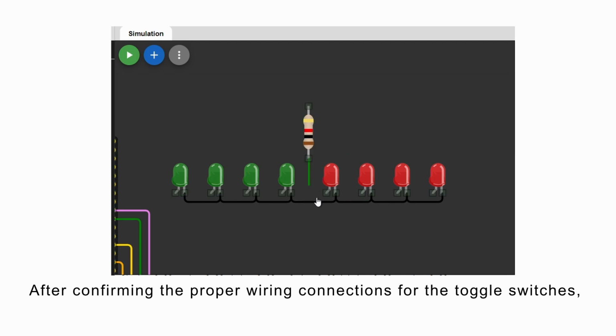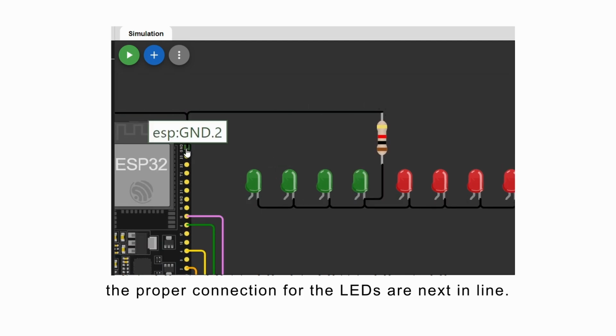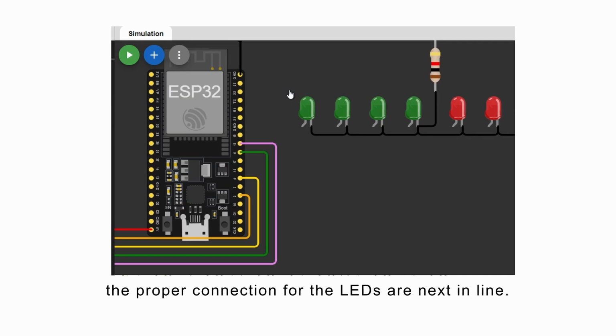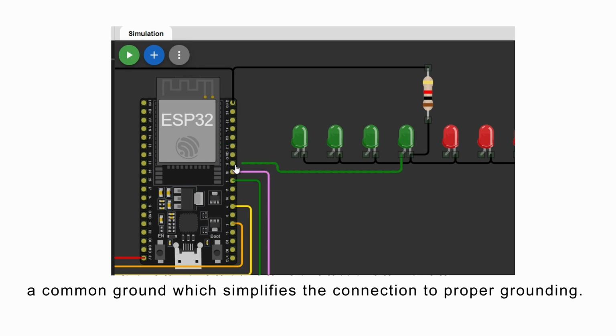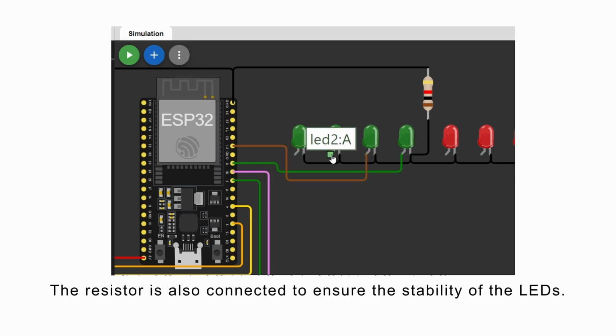After confirming the proper wiring connections for the toggle switches, the proper connection for the LEDs is next in line. The negative pin for each of the LEDs is connected to form a common ground, which simplifies the connection to proper grounding. The resistor is also connected to ensure the stability of the LEDs.